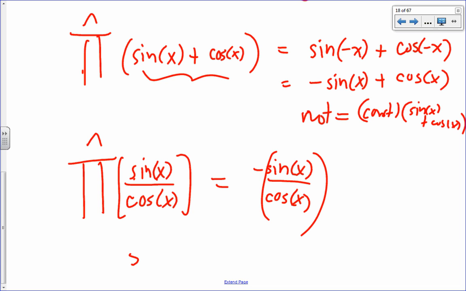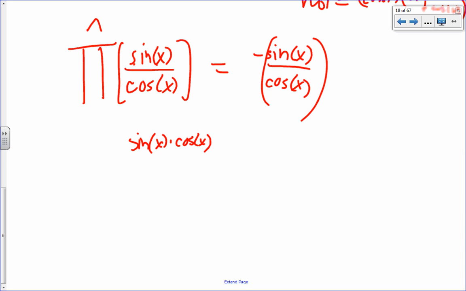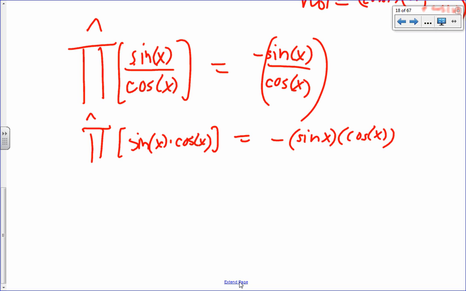What about sine x times cosine x? An odd function times an even function is also an odd function. This is going to be negative sine x cosine x. Okay?